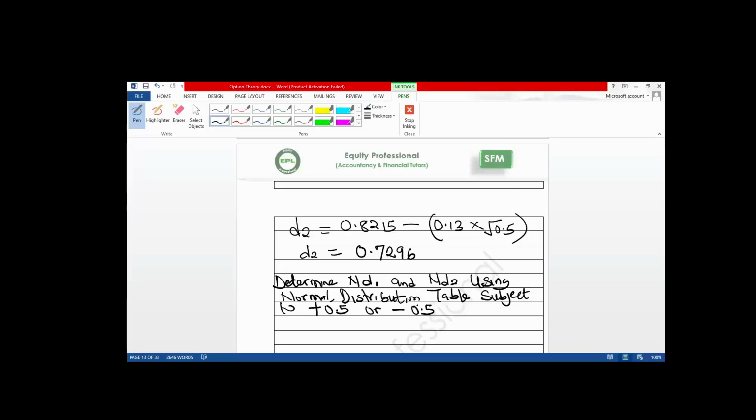The normal distribution table will be provided at the back of your answer script, at the back of your question paper.